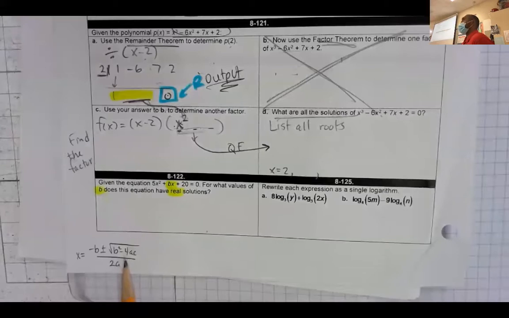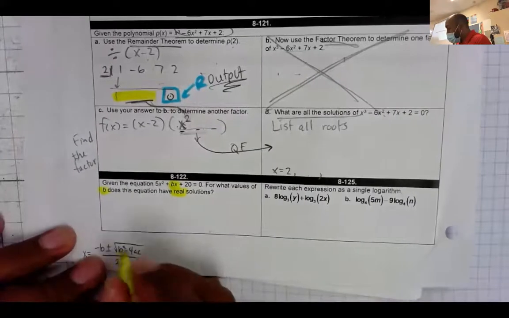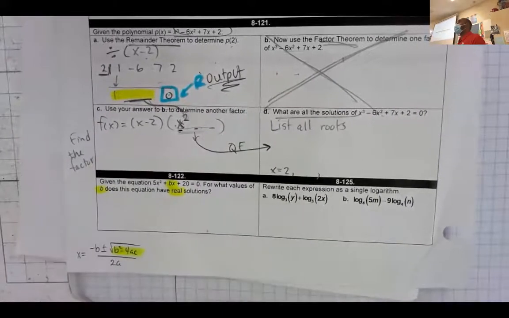What part of this tells me that? The negative 4, more specifically, the square root part. What do I usually end up with in the square root when I have a complex or imaginary number? What kind of number is usually in there?